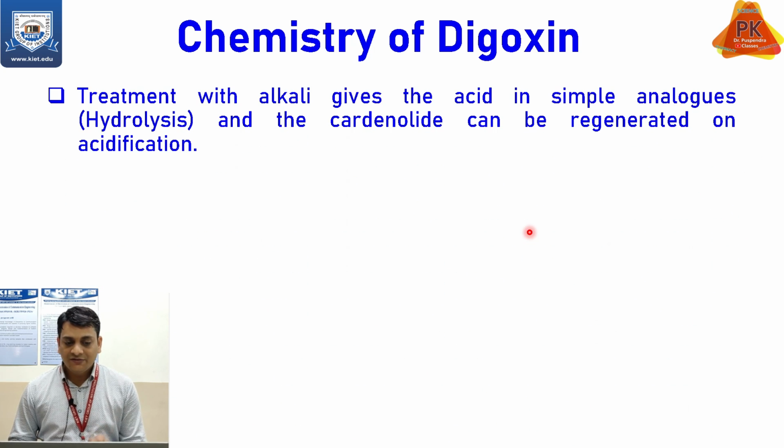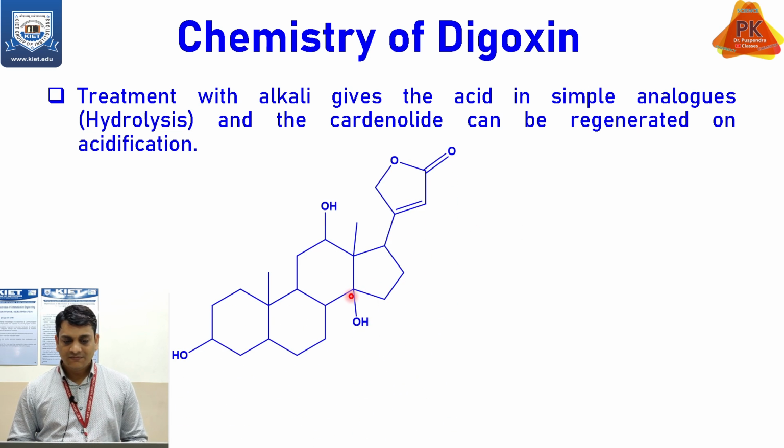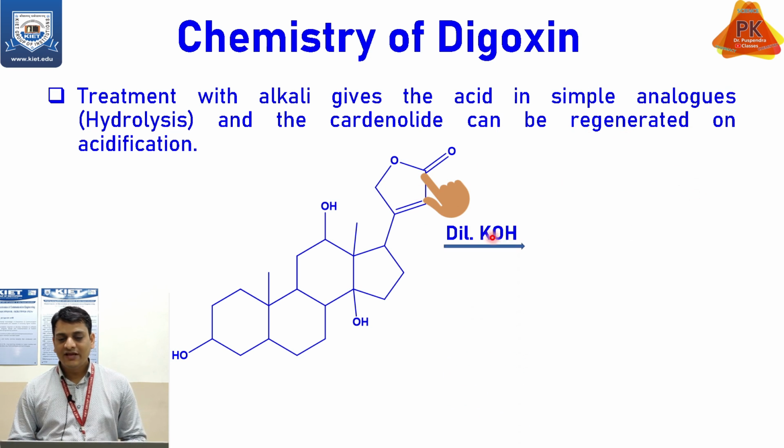So here treatment with alkali gives the acid in simple analogues, which is a hydrolysis product, and the cardenolide can be regenerated on acidification. So this is the structure of digoxin, and here you can see that the lactone ring is present, and in the presence of dilute KOH, which is an alkali, it gives the acidic analog.